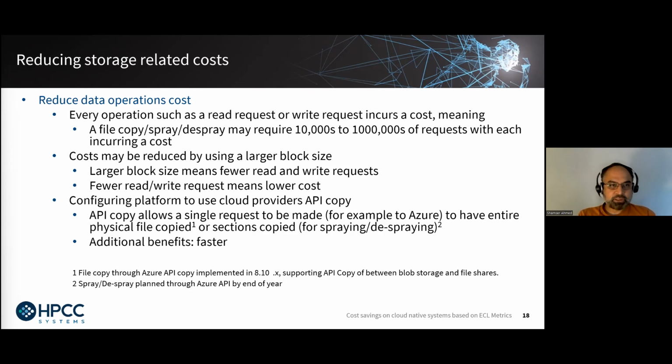One way of reducing this cost is to increase the block size. So increasing the block size, for example, from 64K to 1 megabyte will mean the number of requests required to carry out the operation will reduce by a factor of 16.